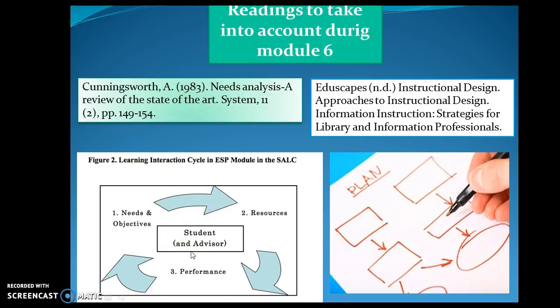This is a really important reading because it guides us to understand that needs analysis is necessary in order to find the target needs, and also the potential to be exploited among the learners, which leads us to set the objectives, to implement the resources, and to get to the final goal, which is the performance-based objective, right? This is the first reading in terms of needs analysis.